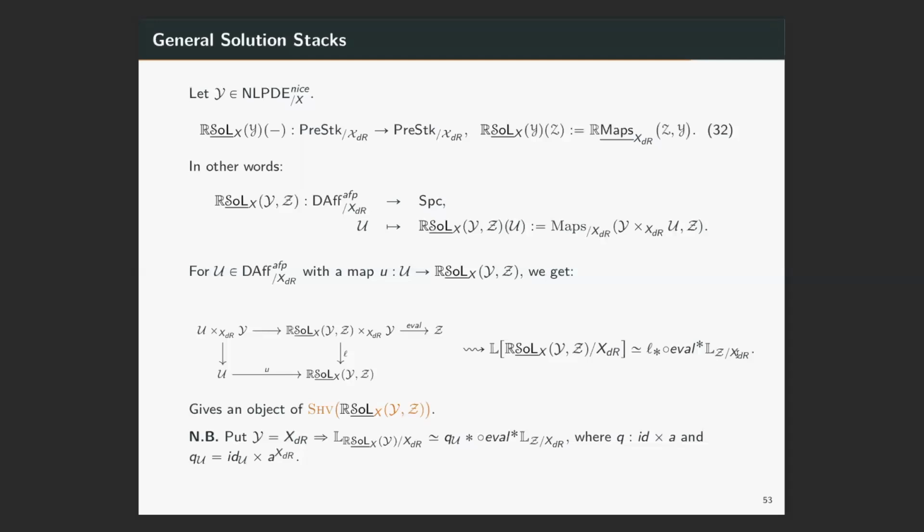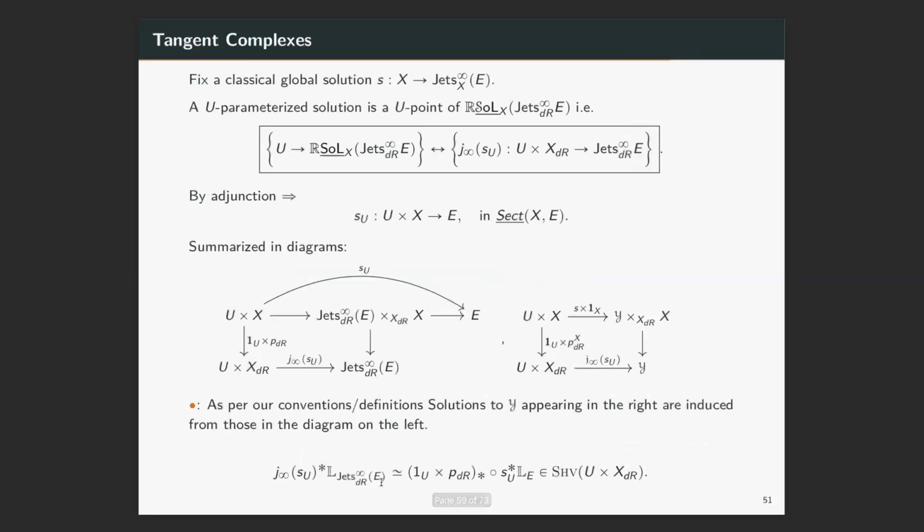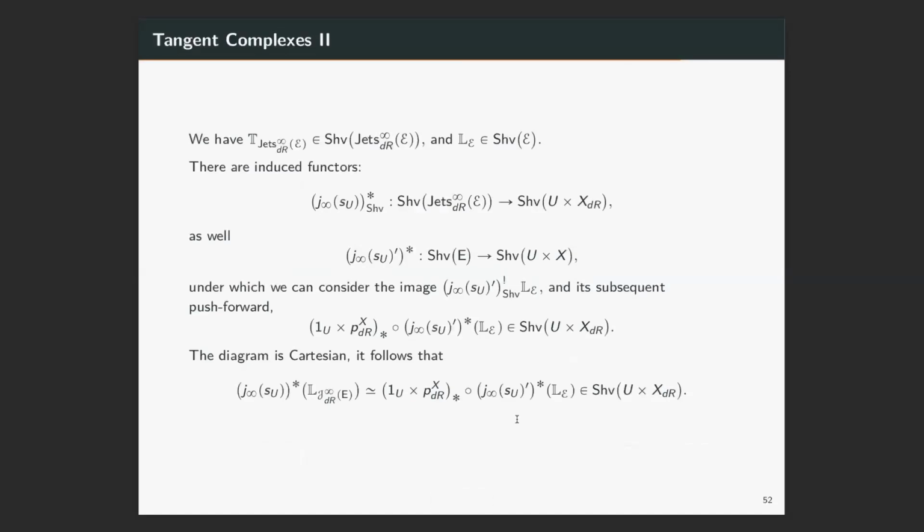And so this is really some kind of relative. So if this was jets, in our previous slide we saw this was jets of E. It becomes then computed in terms of E, but for the reasons I just said, this will actually become E over X. And what is that? That looks like the derived version of vertical differentials or vertical forms.